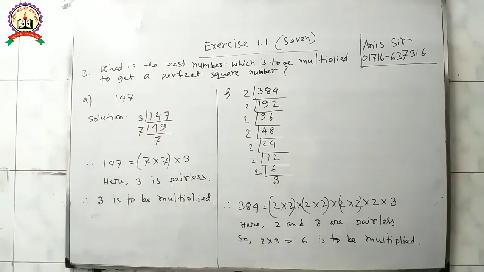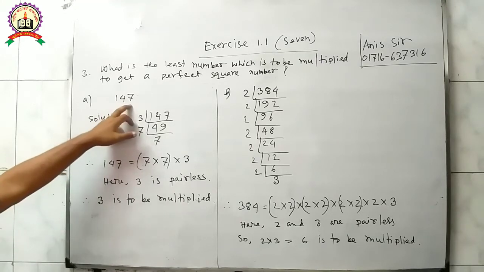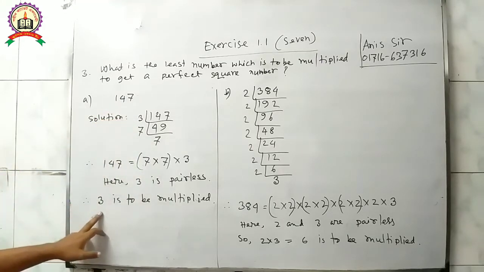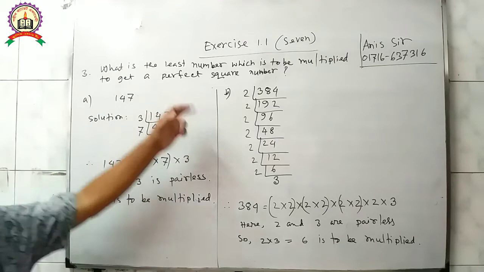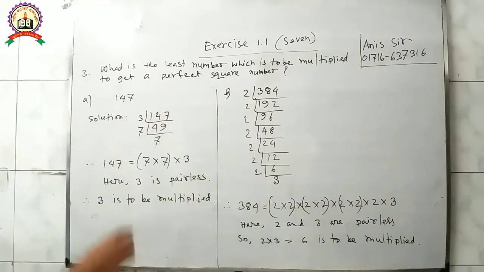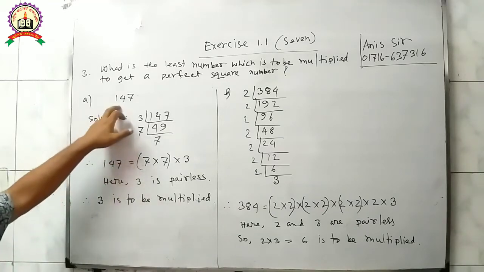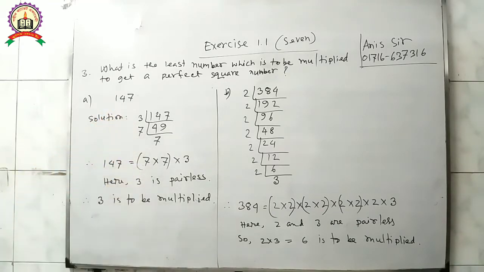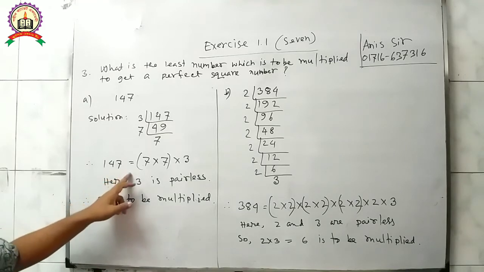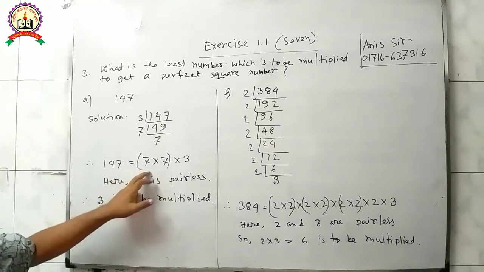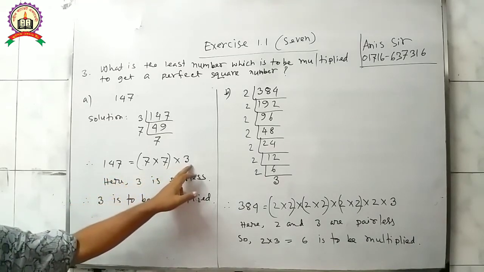If we multiply 147 and 3, the result will be a perfect square number. So, to find it, at first we have to find out the prime factors of this number, and we have to see which number is pairless. Now we can see that 7 into 7 is a pair and 3 is without pair.